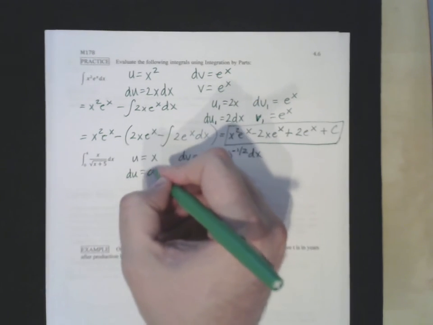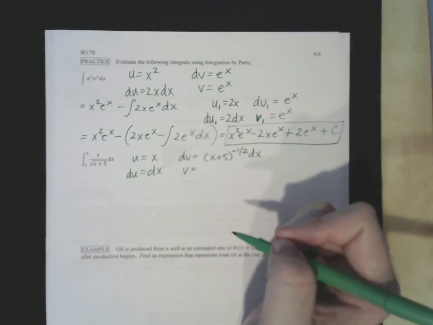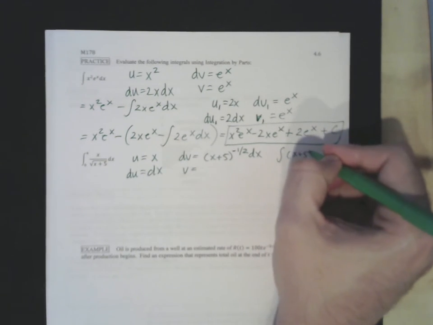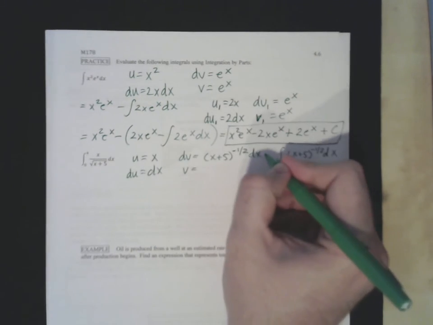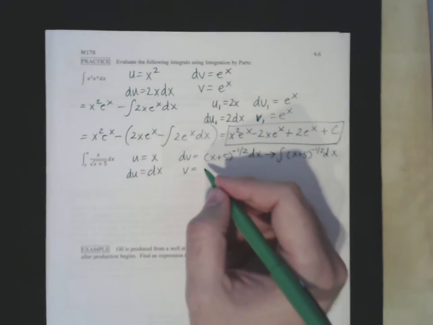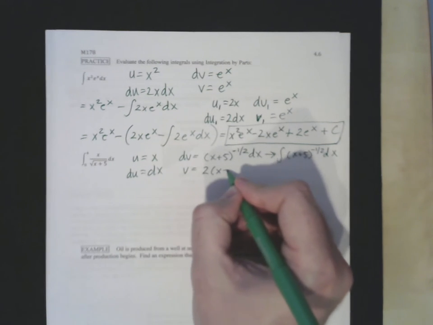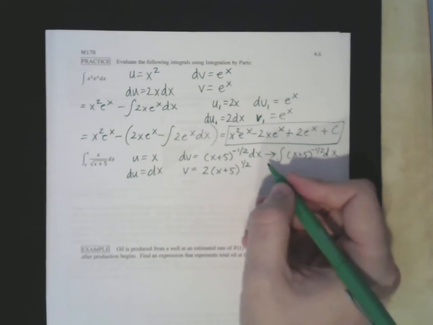So du is dx, and v, using a substitution, we're essentially doing the integral of (x + 5)^(-1/2) dx. That's what we have to do real quick, and that's just going to be 2 times (x + 5)^(1/2) because it's a power rule.